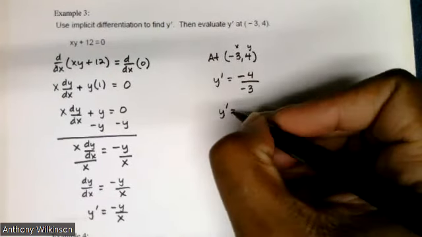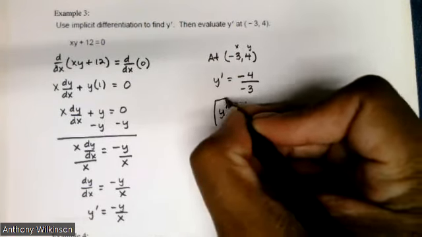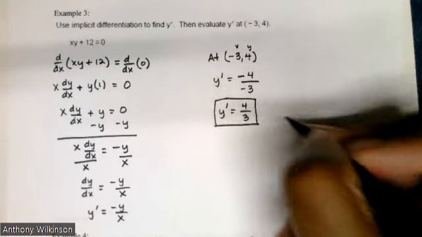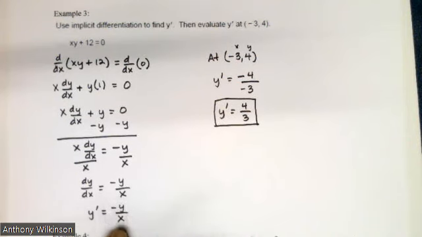And negative divided by negative will be positive, so y prime will just be 4/3. That's all there is to it. So your derivative, y prime, will be negative y over x, and at the point (-3, 4), y prime will be positive 4/3.